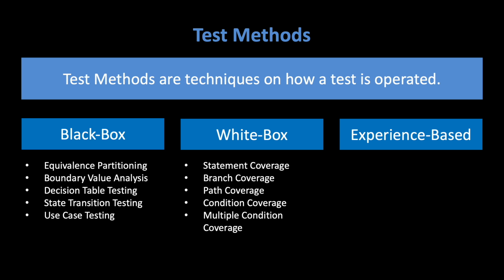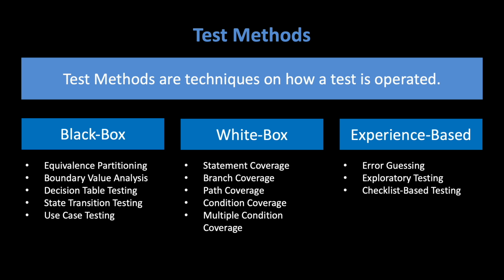And you have experience-based test methods. Here you do not follow very specific test specifications, but use other methods to test. For example, exploratory testing, where you just get a system in your hand and start using it, playing with it, and also use your experience from the past to try to find any defects.